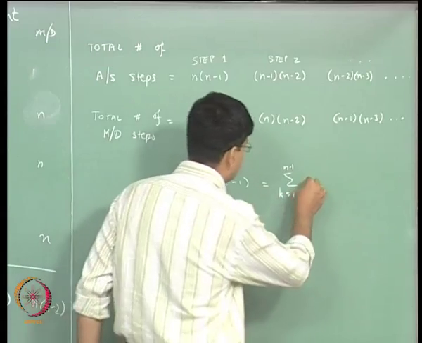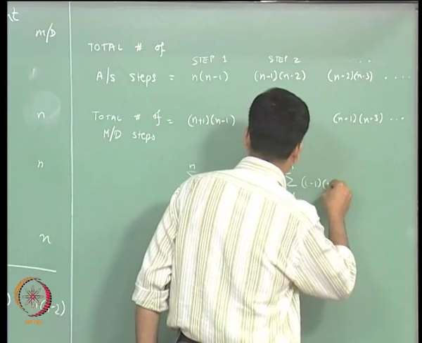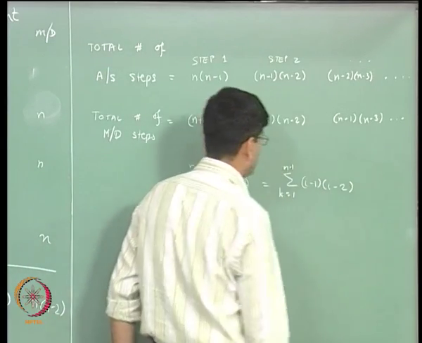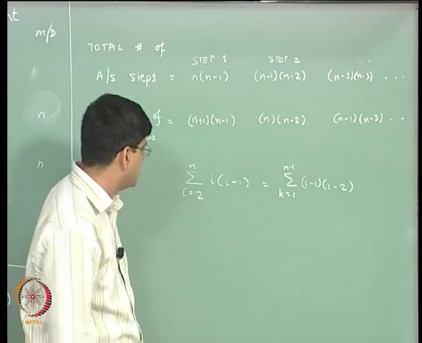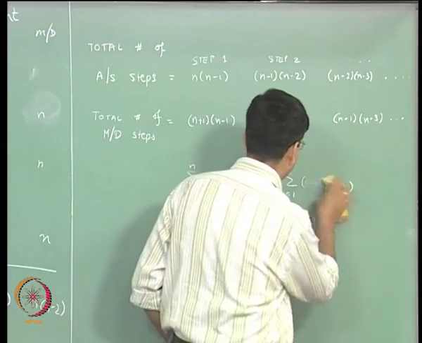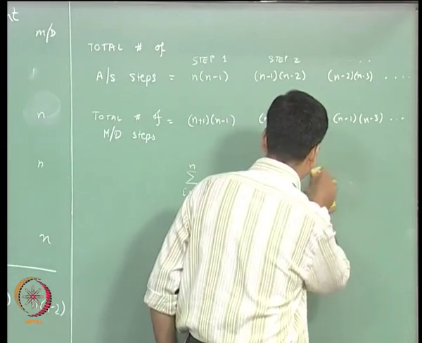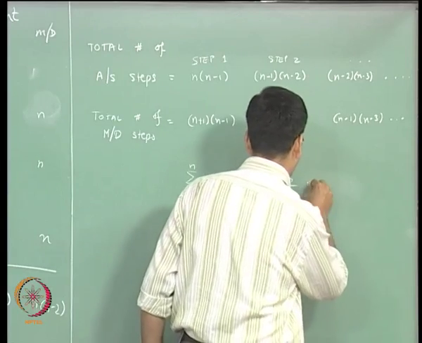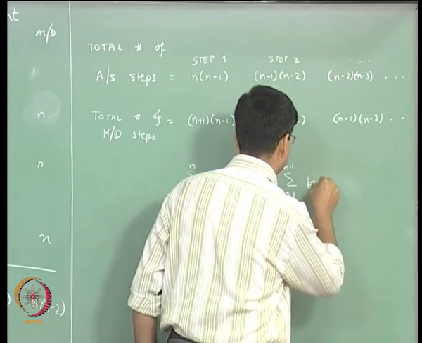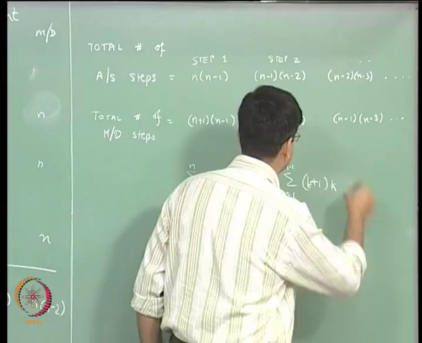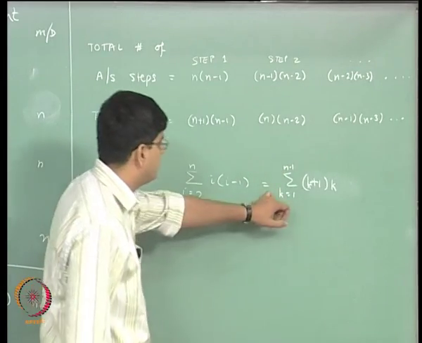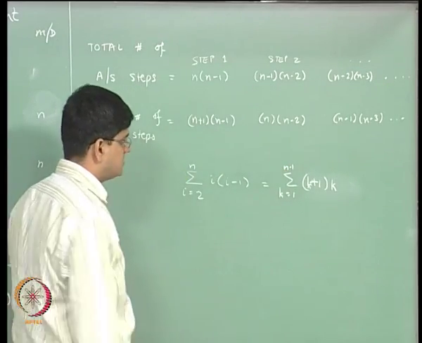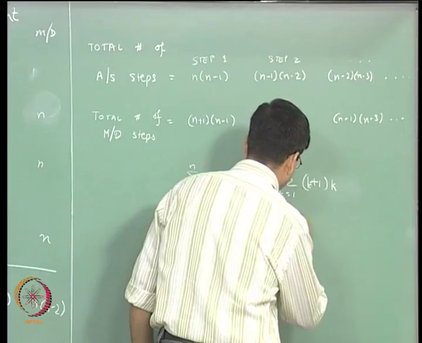So, we can write this as I minus 1 multiplied by I minus 2, or I multiplied by I plus 1, or k plus 1 multiplied by k, with k going from 1 to n minus 1.